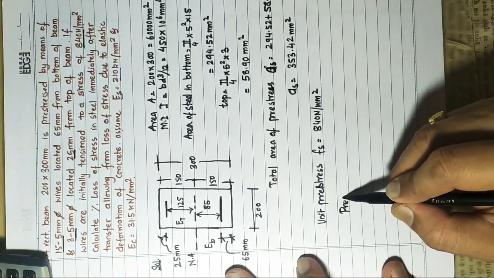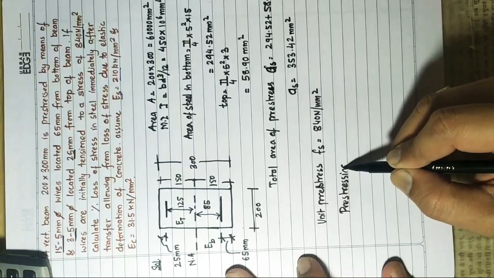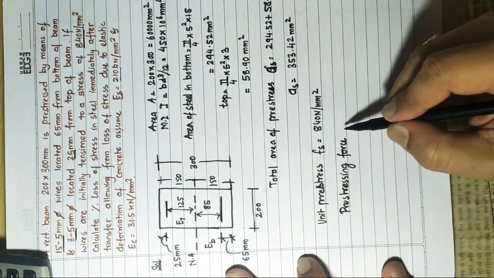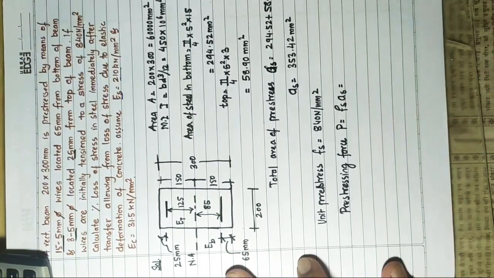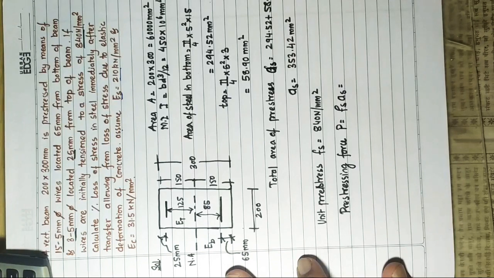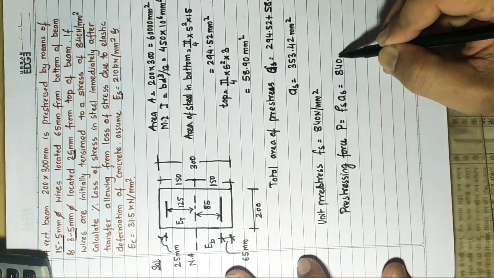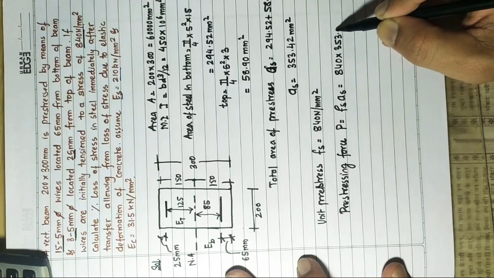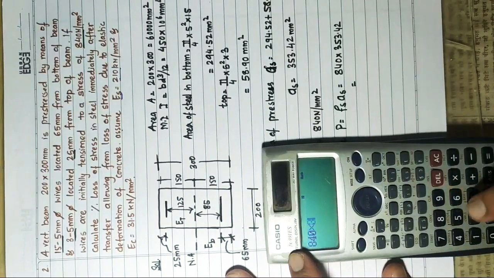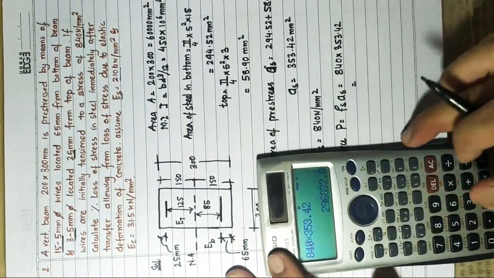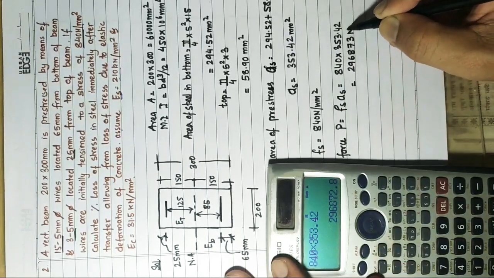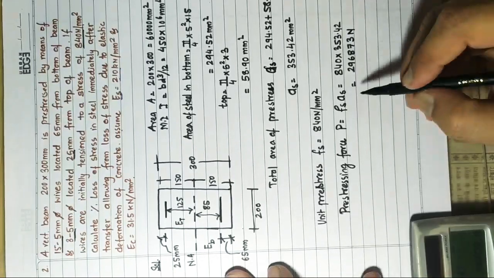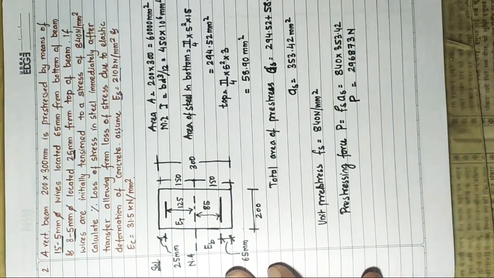So the pre-stressing force P equals Fs into As, which is 840 multiplied by 353.42, which comes out to nearly 296,873 newtons, the total value of capital P, the pre-stressing force.